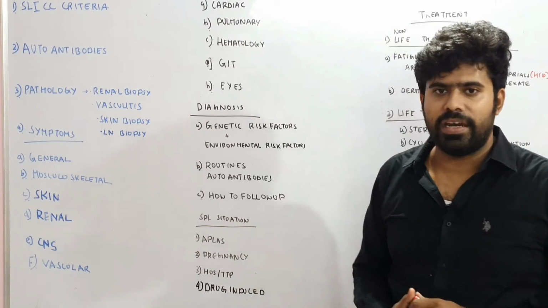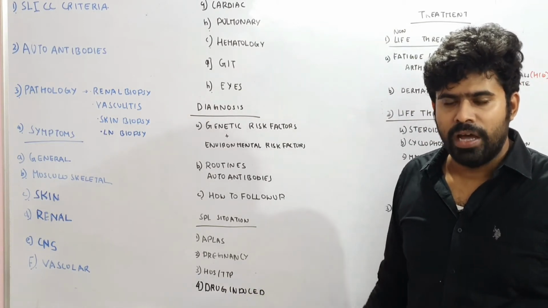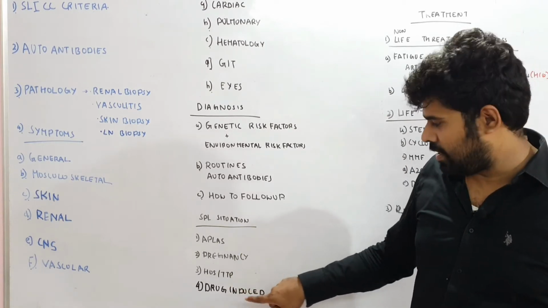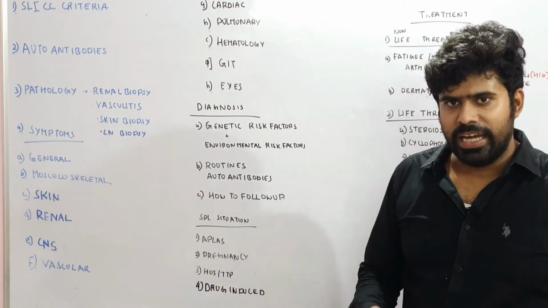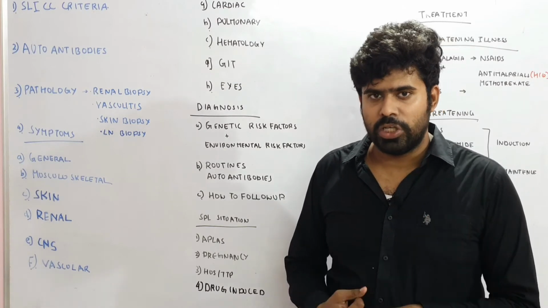Then the other condition is HUS-TTP. There is increased incidence of hemolytic uremic syndrome and thrombotic thrombocytopenic purpura. These are basically small vessel vasculitis in the kidney and brain respectively. They can present as anemia and renal failure in the form of raised urea and creatinine, and thrombocytopenia.